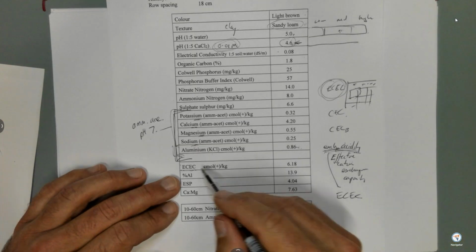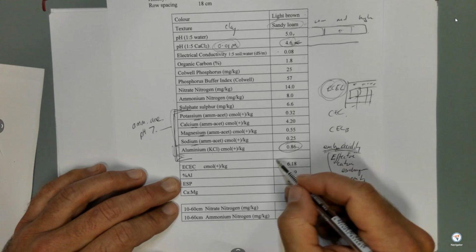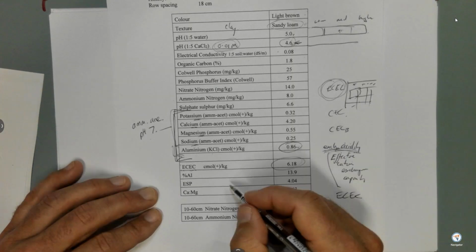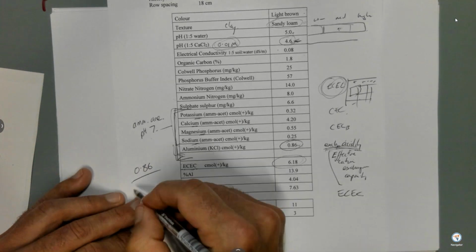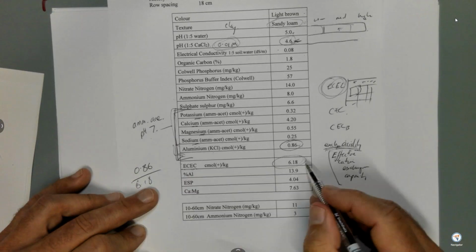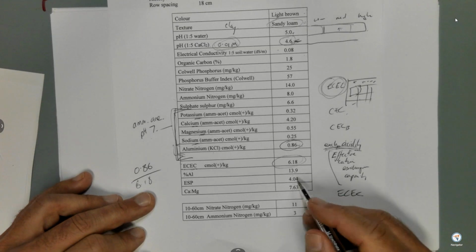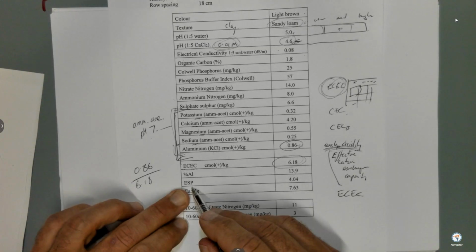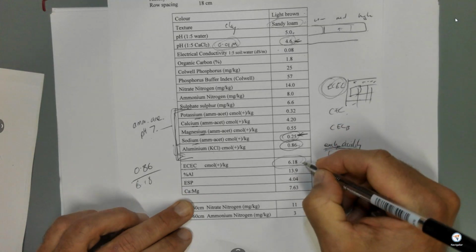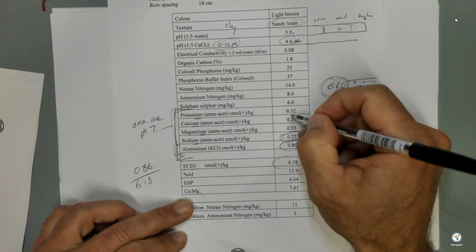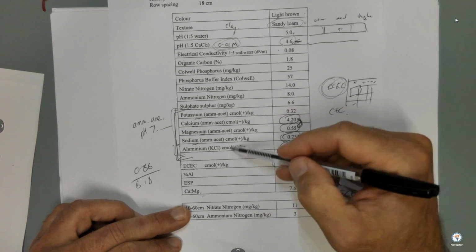We take that number and we take our aluminium and we find out what percentage of this CEC is occupied by aluminium by simply putting, in this case, 0.86 over the CEC, 6.18, times by 100, and that would be almost 14%. Okay, so ESP, the exchangeable sodium percentage, is just that number divided by the CEC. Calcium magnesium ratio, that number divided by that number.